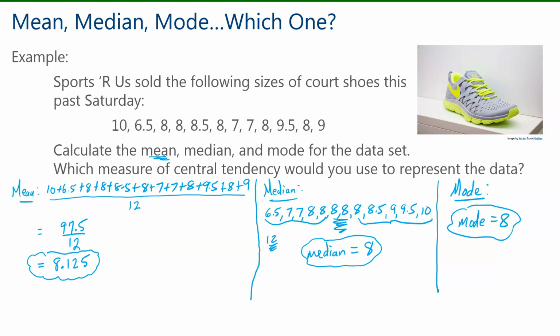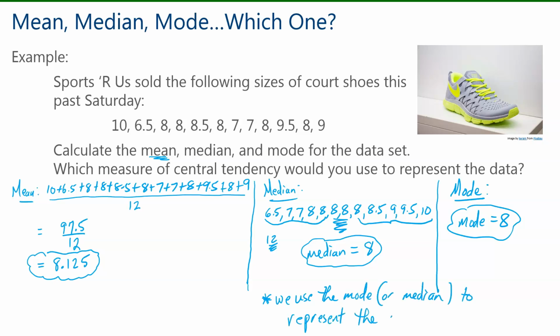And the mean, 8.125, though it is close in value to 8, is not a good number to represent the data. Consider this. Can you have a shoe size of 8.125? The answer, of course, is no. So for this example, we use the mode or median to represent the data. 8. So we would consider 8 to be the average shoe size.